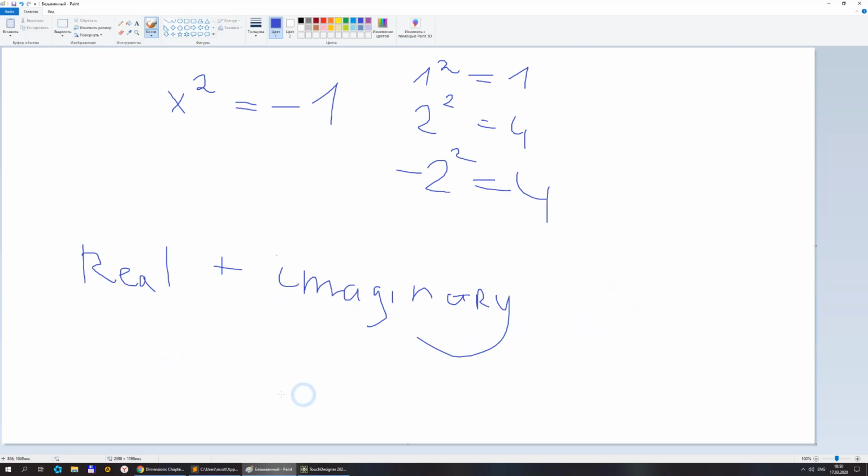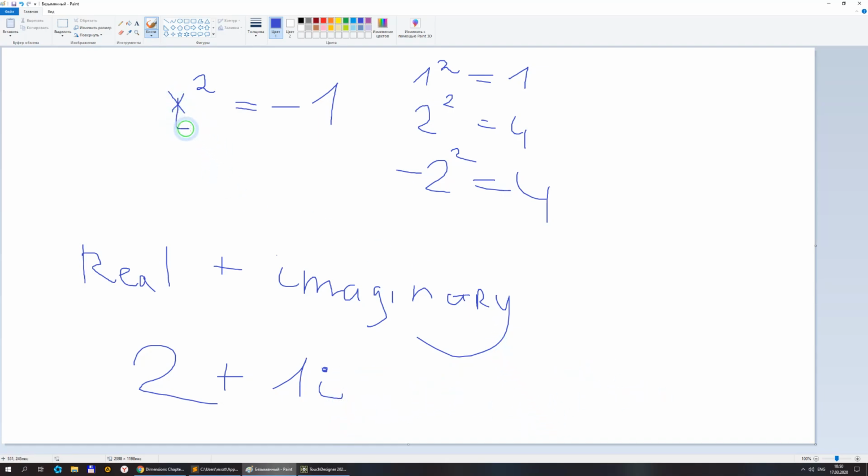So the complex number is something like 2 plus 1i, where 2 is a real number, which is absolutely like normal numbers we have, and this 1i is this number that multiplied by itself gives you -1.